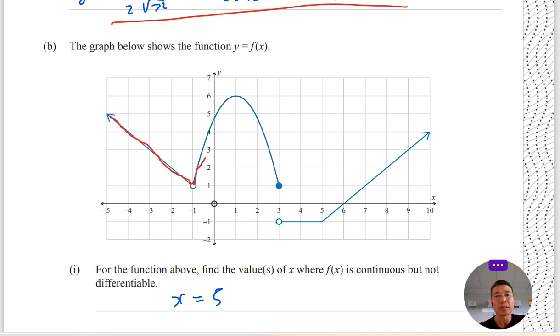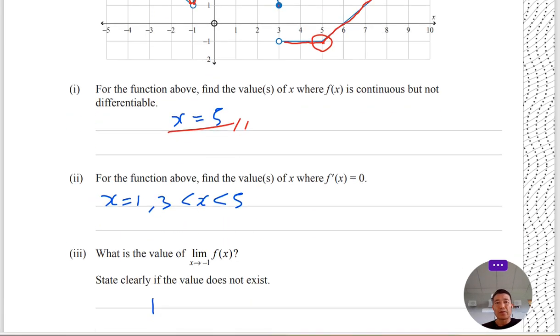And then carry on, right? And obviously here, I have to lift it up and carry on. So these are discontinuous, not continuous. Here it says continuous but not differentiable. So this sharp corner here is not differentiable. You can't differentiate this kind of hard corner. So x is 5 is the answer, right?